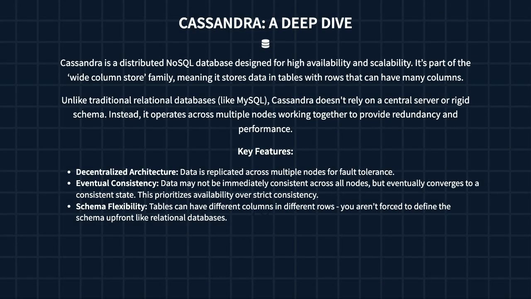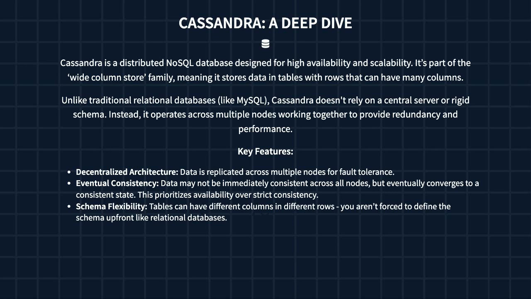Okay, let's talk about Cassandra. It's a really interesting NoSQL database, and it stands out for its design. Think of it as built from the ground up to be super reliable and handle massive amounts of data. It's a wide column store, so instead of rows and columns like you might be familiar with in a traditional database, it organizes data into tables with lots of columns per row.